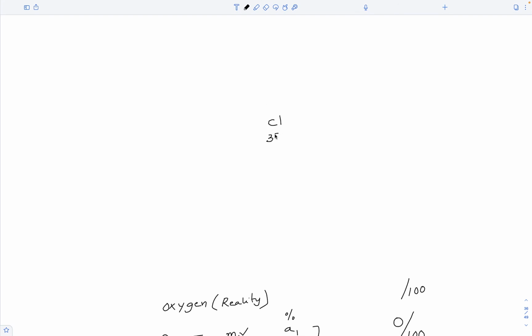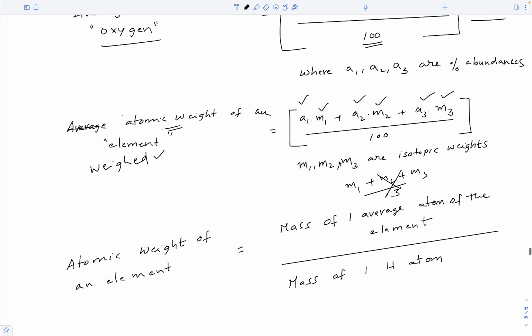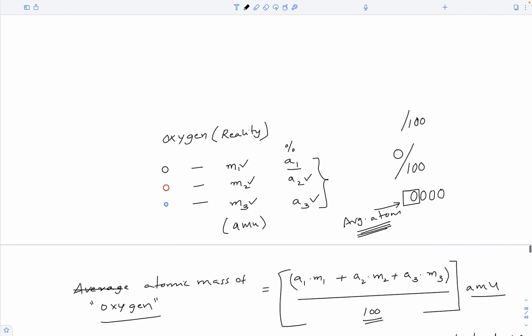We say the atomic weight of chlorine is approximately 35.5, but there is not a single chlorine atom out there in nature with this atomic weight. Then why do we say the atomic weight of chlorine is this? Because this is the weighted average of different isotopic weights of chlorine, taking into account their percentage abundances.